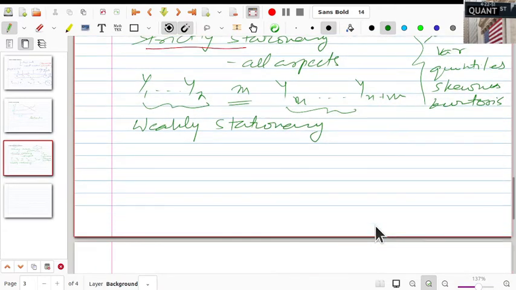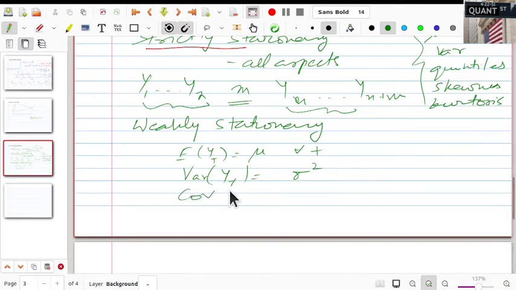In this, the mean is defined and finite for all t. The variance is a positive finite constant.